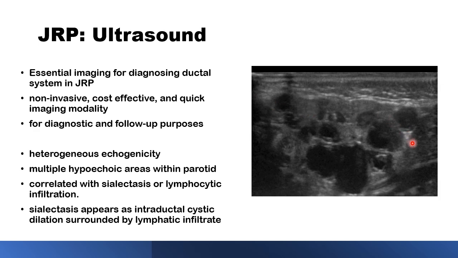The basic criteria are an enlarged gland and heterogeneous echo, with multiple hypoechoic areas, always millimeters, like 1 or 2 millimeters in diameter, surrounded by areas that resemble the periductal lymphocytic infiltration.